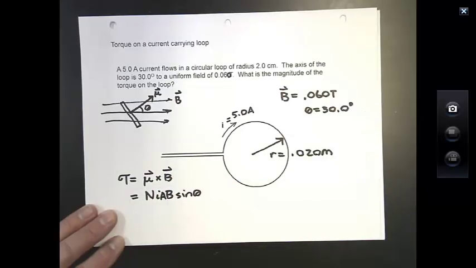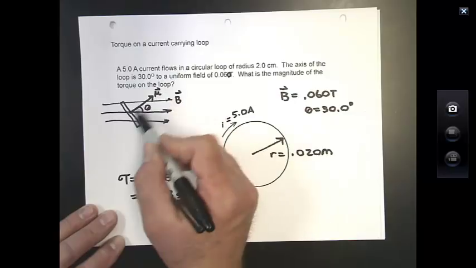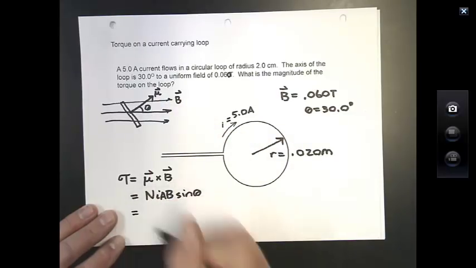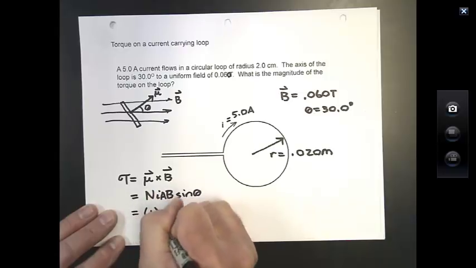So it's NIAB times the sine of theta. Excuse me, I didn't forget the current, I forgot the area. So the number of loops times the current times the area of the loop times the B field times the sine of the angle between the B field and the perpendicular to the loop. How many loops? We have just one.